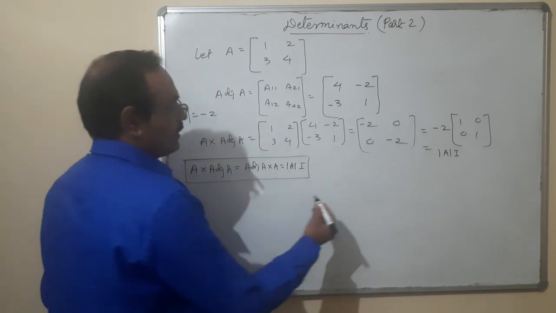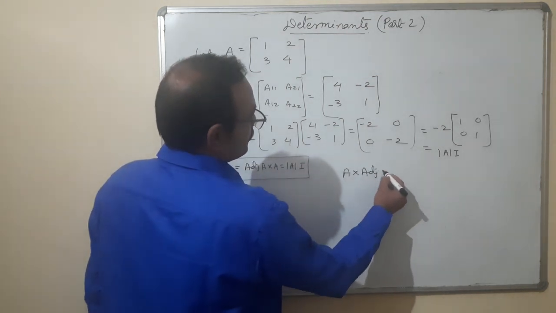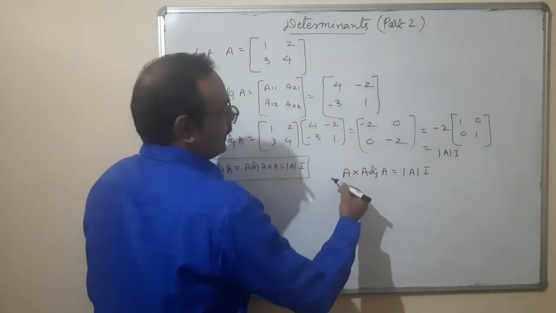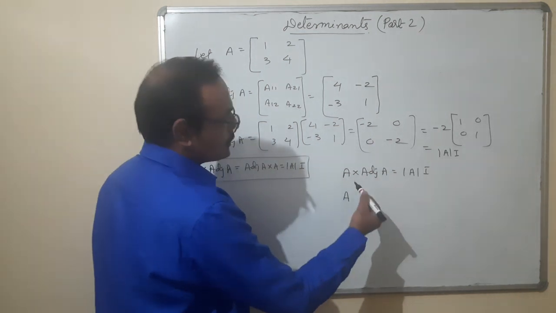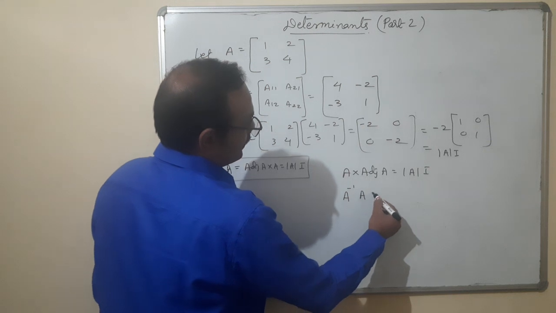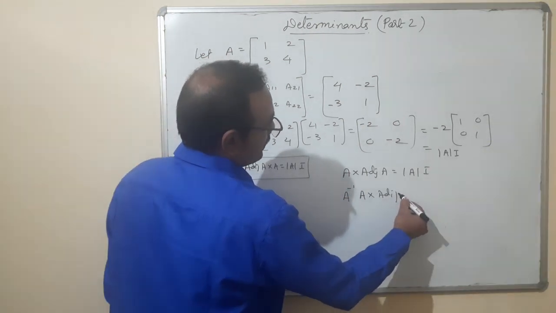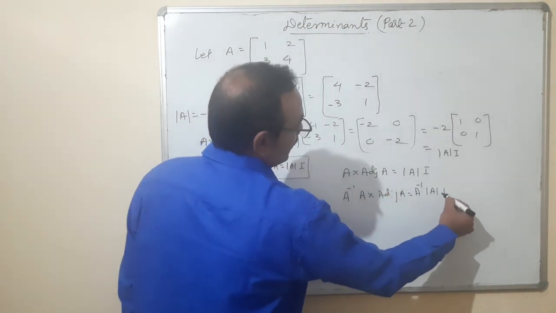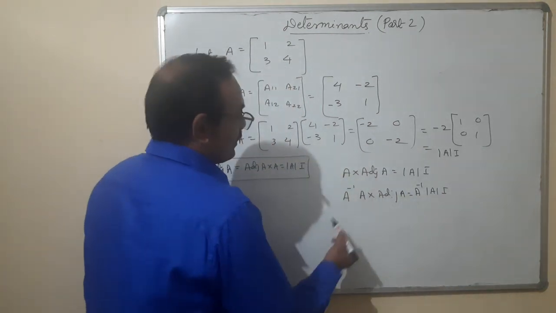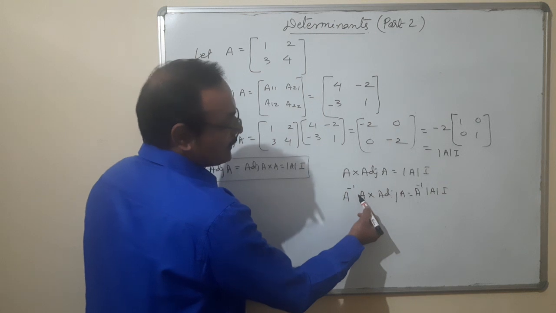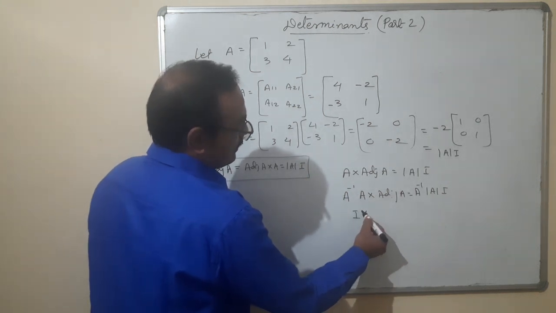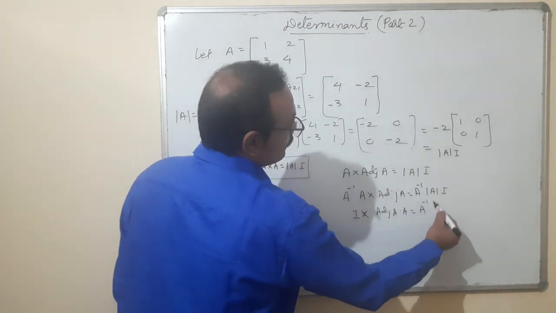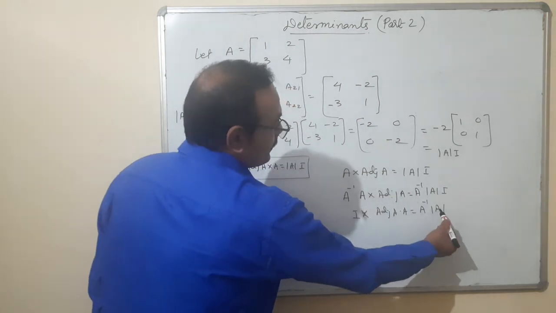A into adjoint of A is equal to determinant value of A into I. If the inverse is possible here, multiply by A inverse: A inverse into A into adjoint of A is equal to A inverse into determinant value of A into I. Then A inverse into A is I, so adjoint of A is equal to A inverse times determinant value of A. So the determinant value of A will be shifted here.